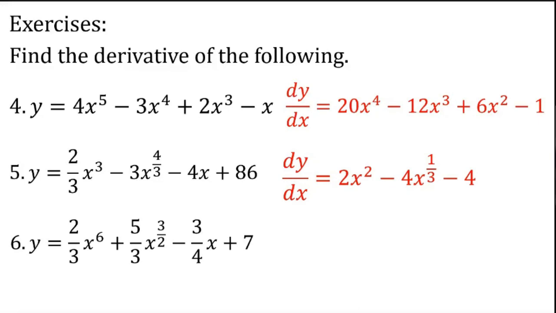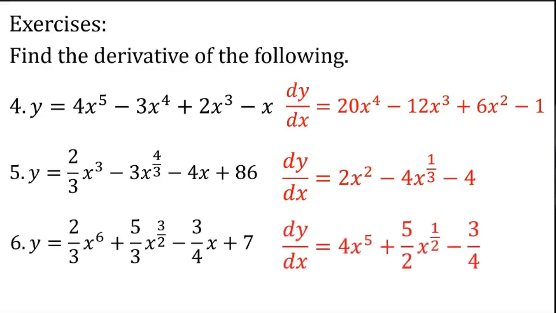Okay, very good, Aliana. You can also express your answer as dy over dx equals 4x to the fifth plus 5 over 2x raised to 1 half minus 3/4. If you wrote it as square root of x, that's also correct. We'll get the same answer.